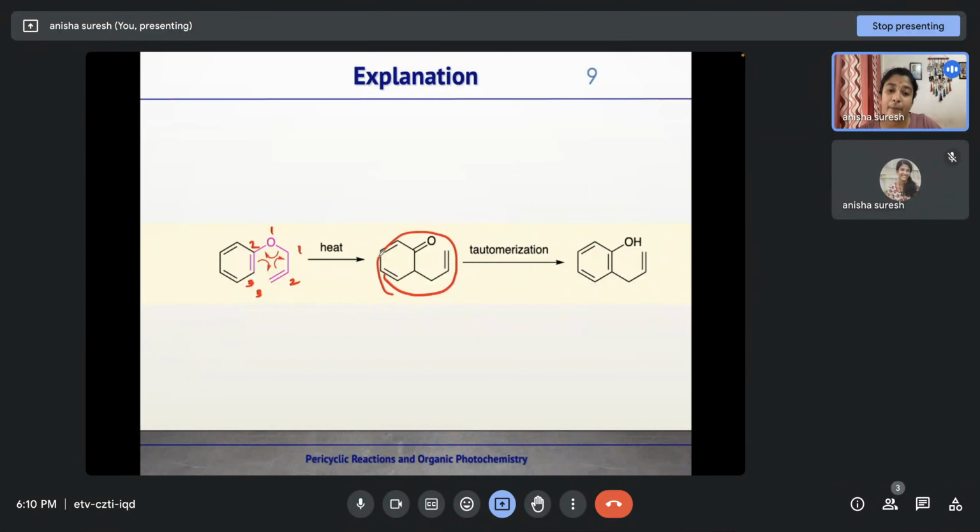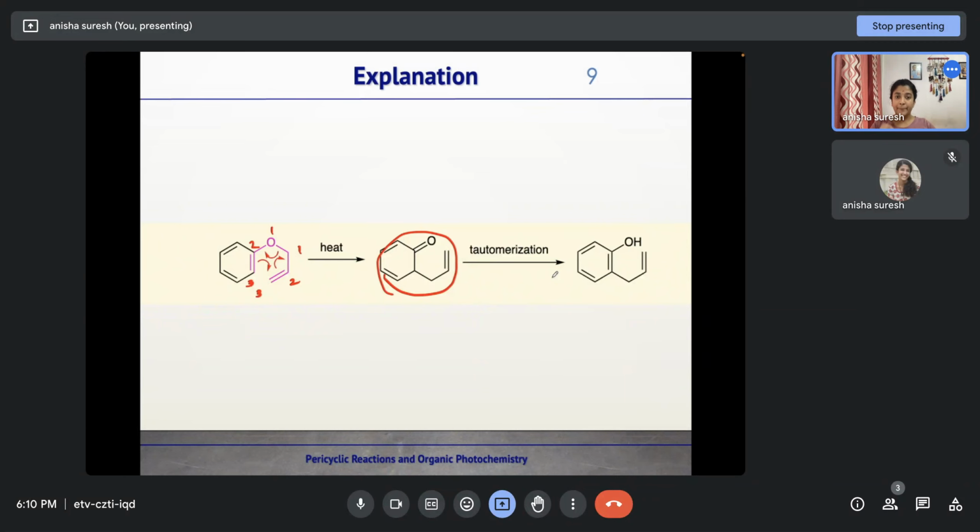But what is the problem? Here the aromaticity of this benzene ring is gone. So in order to regain the aromaticity, this ketone will undergo tautomerism and it will result in the formation of this enol. So we will get this phenol as the final product. In the previous case we have seen that enol is less stable compared to the ketone.